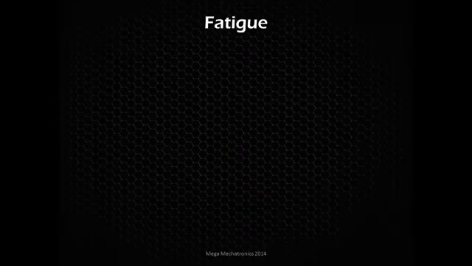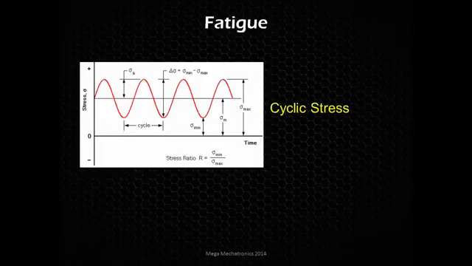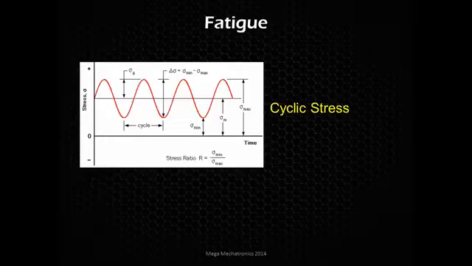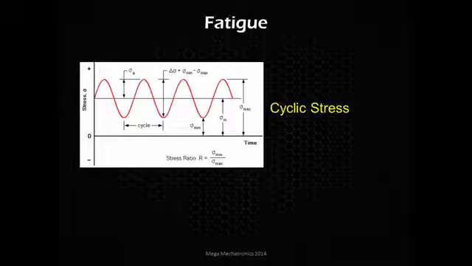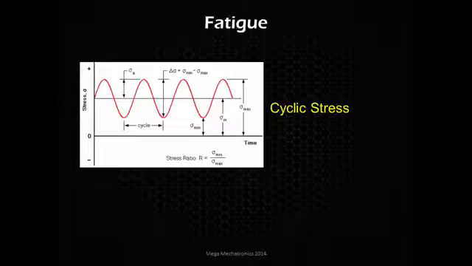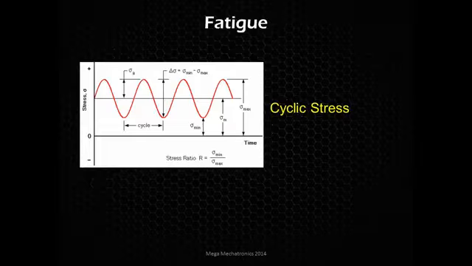All right, let's get into fatigue. So fatigue is typically a cyclic stress on a part. So it's being constantly stressed back and forth. Looking at this chart, you see two scales here, a stress scale on the vertical side versus time. It almost looks like a sine wave, like the power coming into your house or electronics, but this is actually a stress.